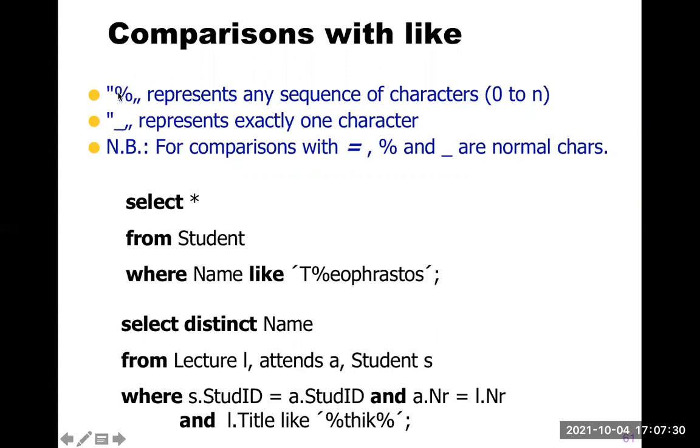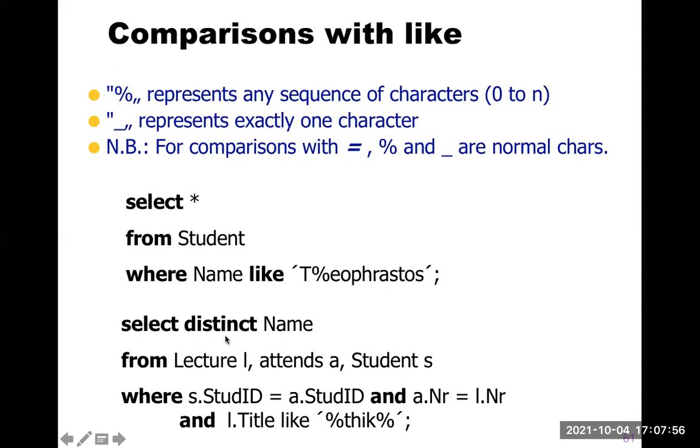The % sign represents any substring, even an empty substring, and underscore represents exactly a single character. So T% matches Theophrastus. If the name is Theophrastus, it results in true, and TH_ophrastus results in true too.